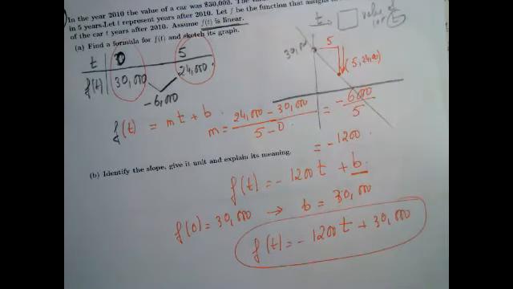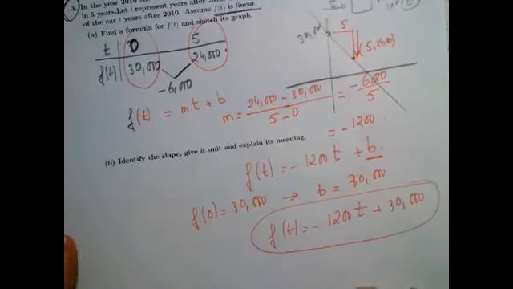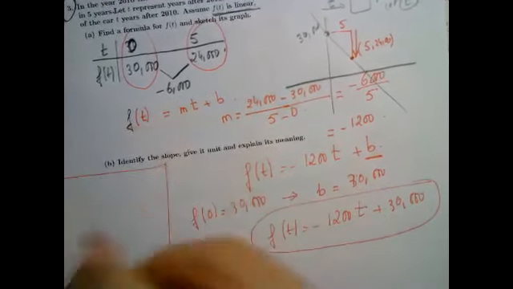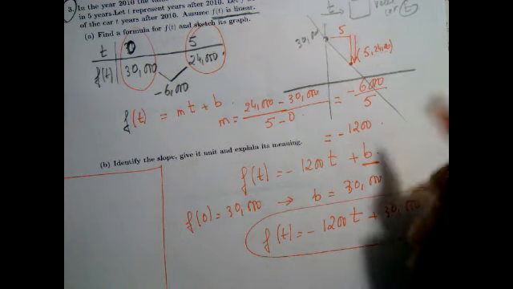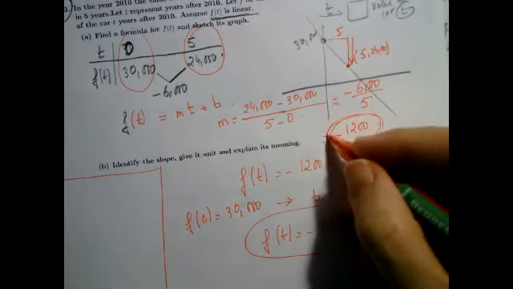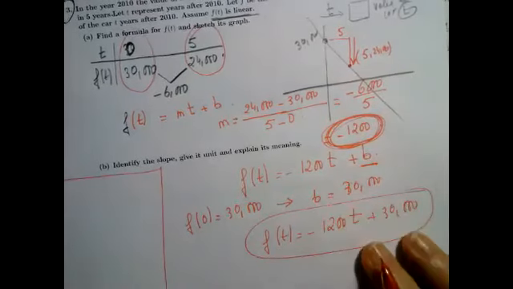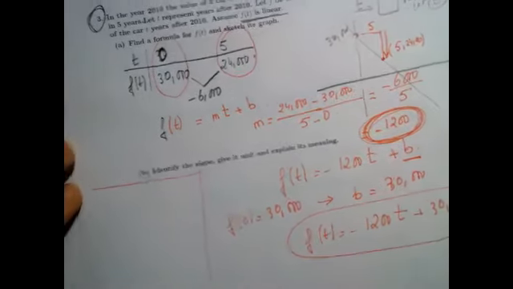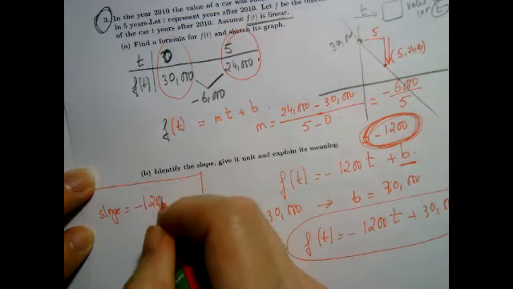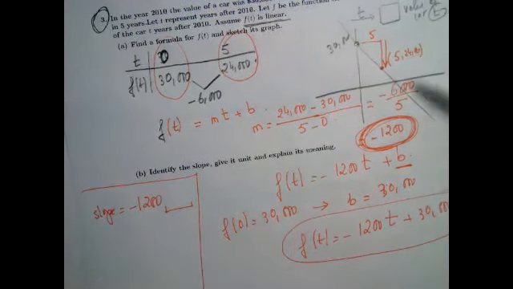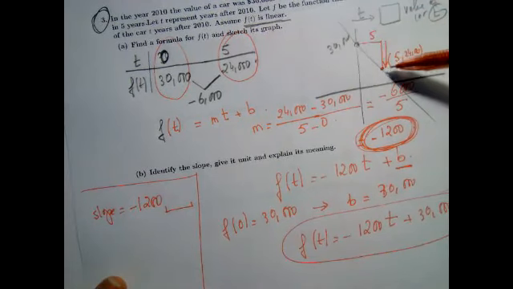Now, what's the unit of the slope? What does a slope of minus 1,200 mean in this problem? What does this number represent to you? The slope is minus 1,200 what? In 5 years, the car went down by 6,000, and it's linear.